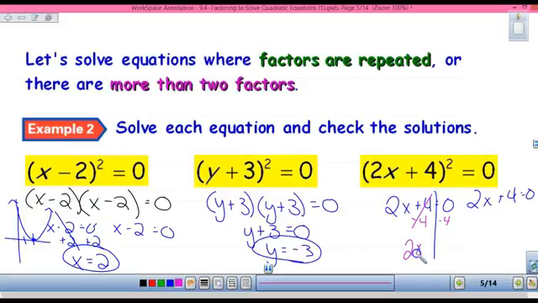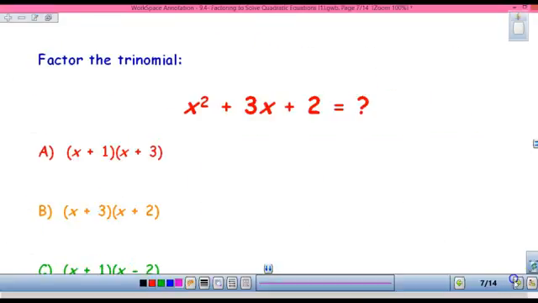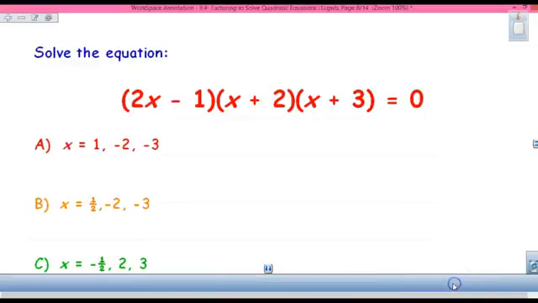I've got 2x equals negative 4. Now what? Divide by 2. X equals negative 2. Remember, you always add and subtract first, then multiply or divide. That's kind of fun.